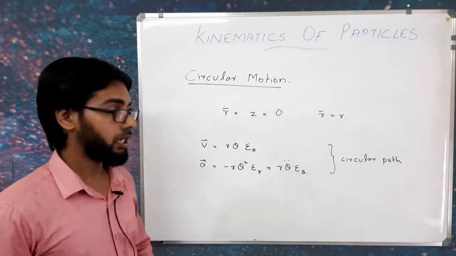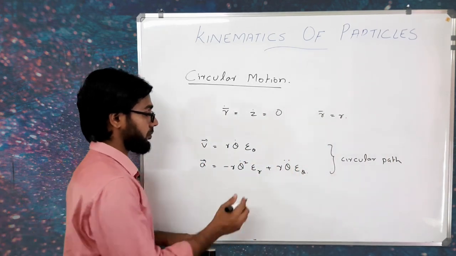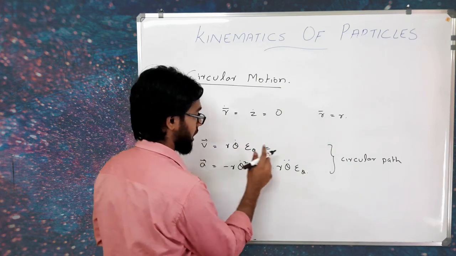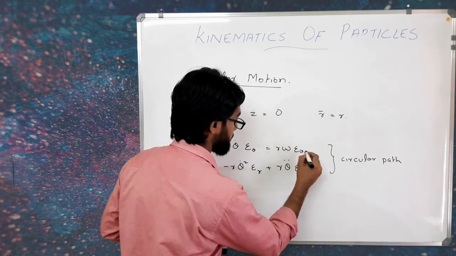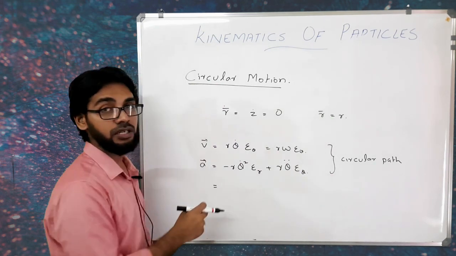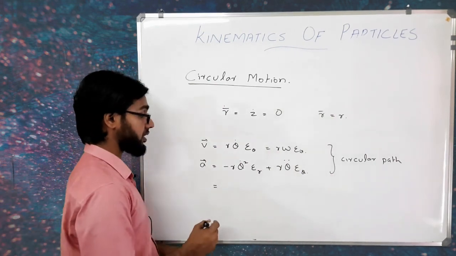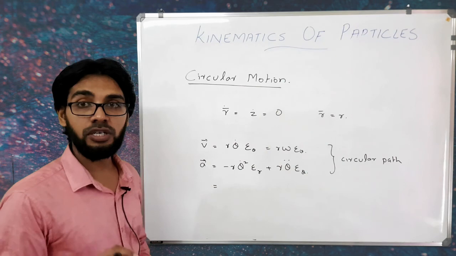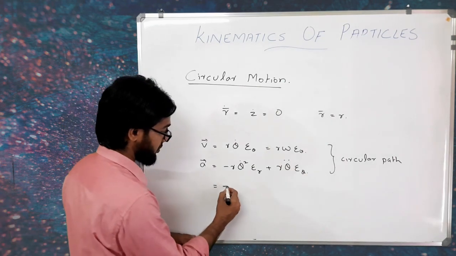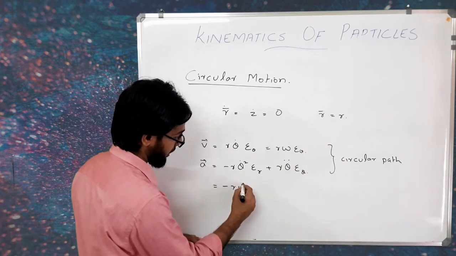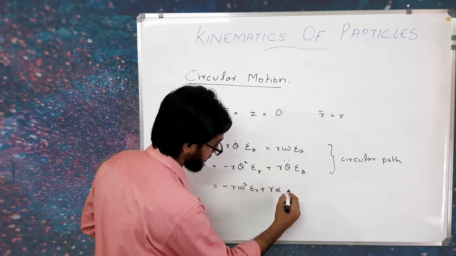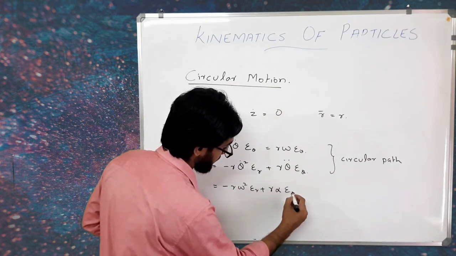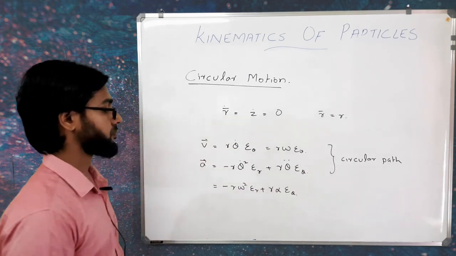Now this I can further represent as r omega epsilon theta, and this corresponding equation I can represent in a much reduced format, minus r omega square epsilon r plus r alpha epsilon theta.